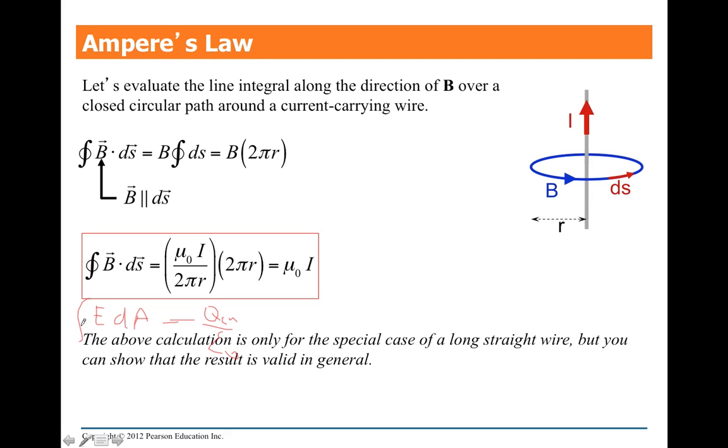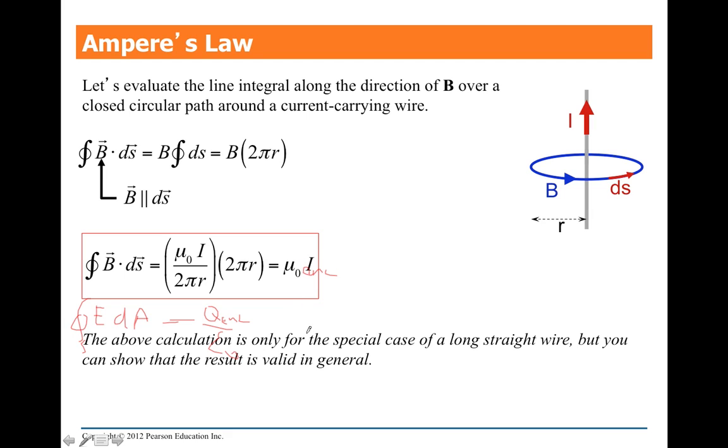And then we have a closed surface, not a line. Here we have a line integral, here we have a surface integral, here we have I enclosed, here we have Q enclosed over epsilon. Here I have mu naught, which is permeability.